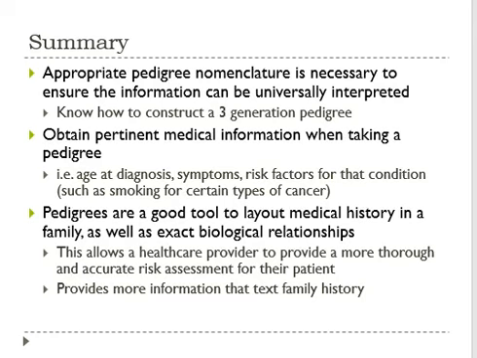Example, the age of diagnosis of a disorder, the symptoms or risk factors, other factors that may contribute to the symptoms, such as smoking with certain types of cancer. Pedigrees are a good tool to lay out a medical history as well as the exact relationship between family members. It allows the healthcare provider to provide more thorough and accurate assessment of their patient and provide more information in family history.